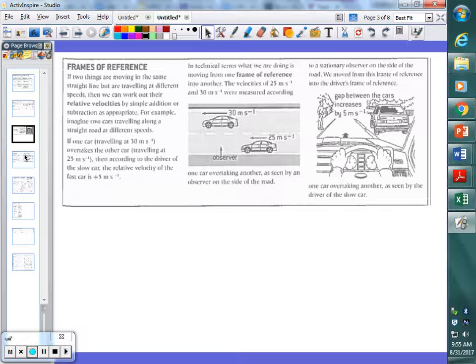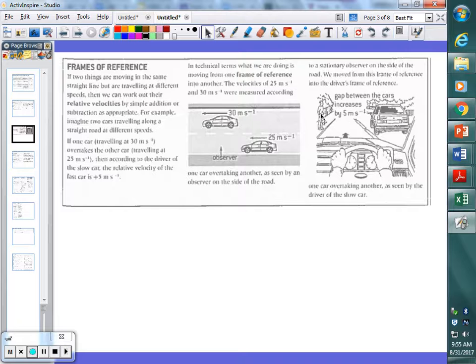Sometimes the frame of reference is as simple as setting up a reference point and calling one direction positive and the other negative, but sometimes we have an observer that isn't stationary, like an observer in this car observing this car. He's going to observe the motion of the car differently than somebody who's just standing on the side of the road, right?